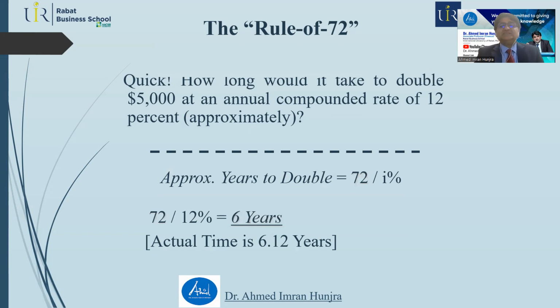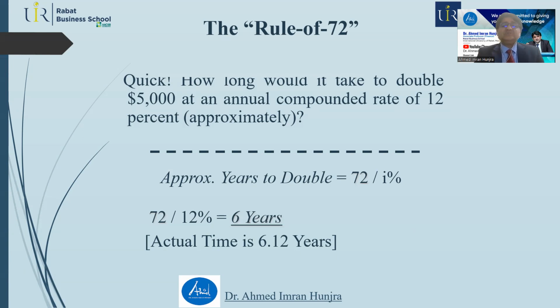Its formula is 72 divided by interest rate. So in this example, 72 divided by the interest rate, 12%. 72 divided by 12, we are getting 6 years. You will always get rounded values, not the exact value. This is an approximate value.